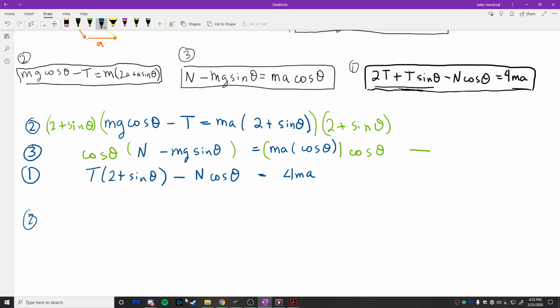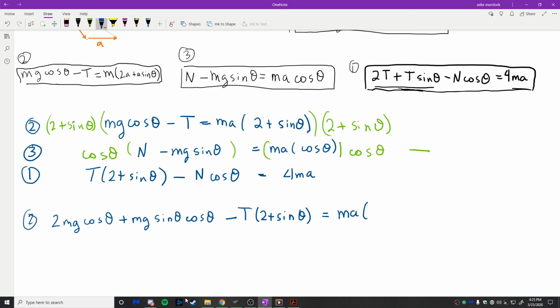So you're going to get 2 times mg cos theta minus t times 2 plus sine of theta equals ma, and this is going to be this times this, which we can multiply out.